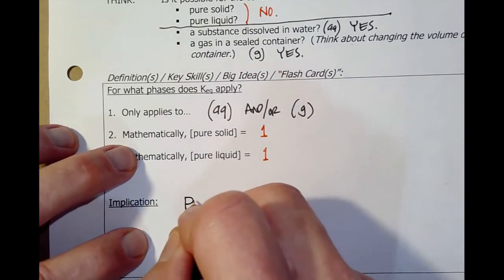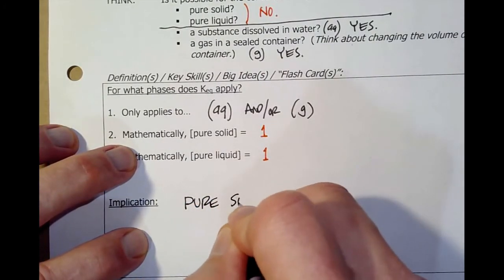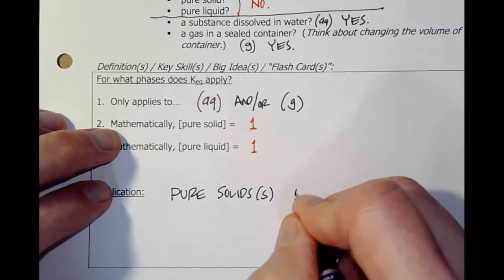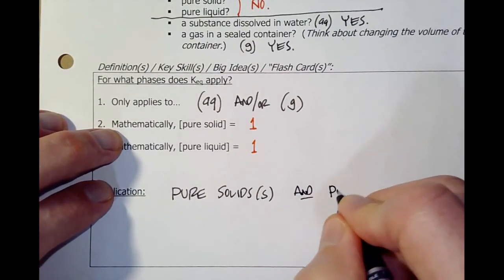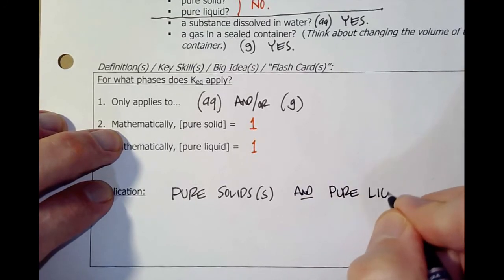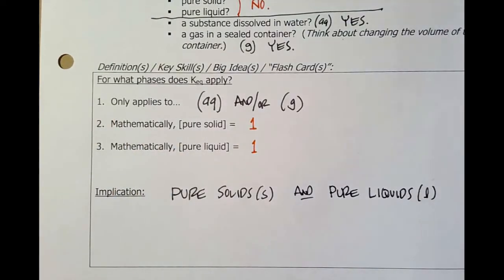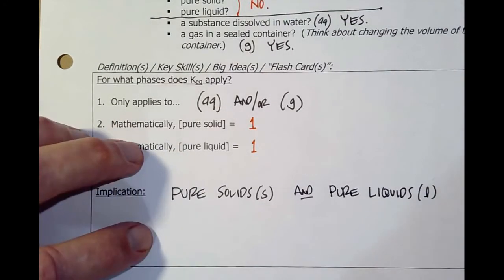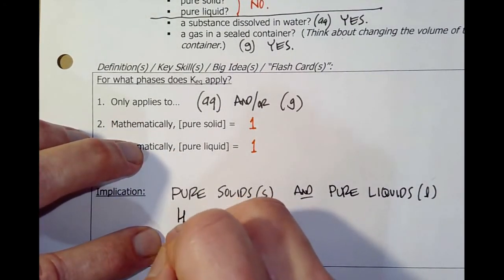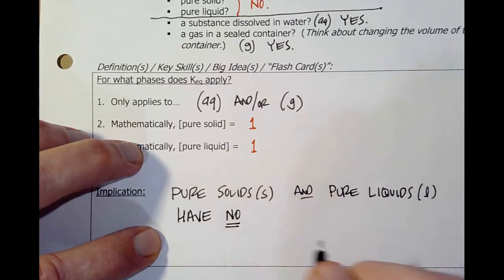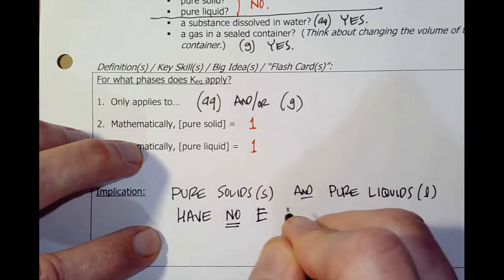Now, the implications of all this unchanging concentration of solids and liquids mean that pure solids and pure liquids have no effect, no impact on equilibrium.